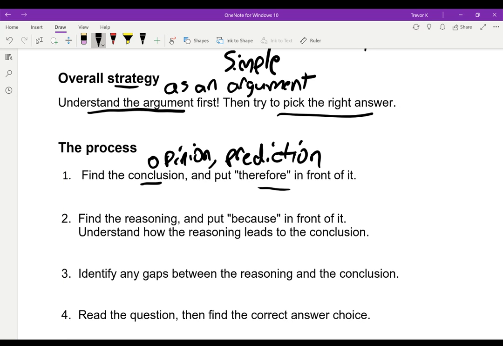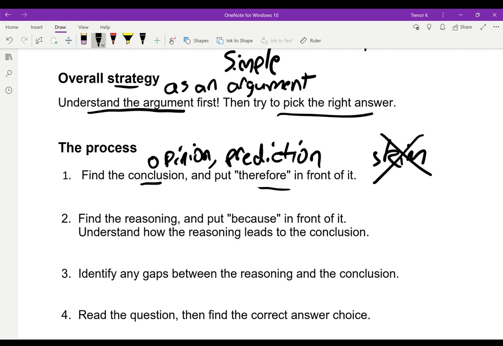And so we want to put therefore in front of it to make sure, first of all, we're finding something that's actually the conclusion and not some other part of the argument. And that second of all, we're really understanding the full conclusion. A lot of times my students will skim it or they'll try to paraphrase it or whatever, and I don't want you to do that. Don't skim the conclusion. Understand the whole thing.